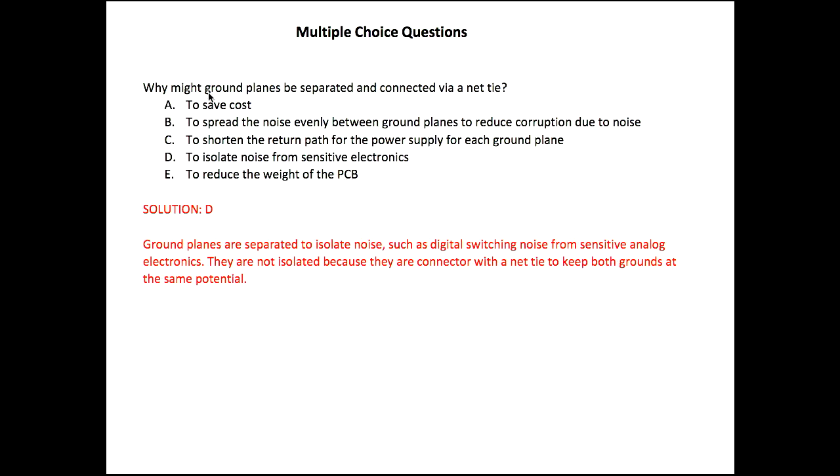See, if you apply logic, most of them are gone. So the solution is D. Even without learning about the net tie, many people can answer this one. But this also some students made a mistake.